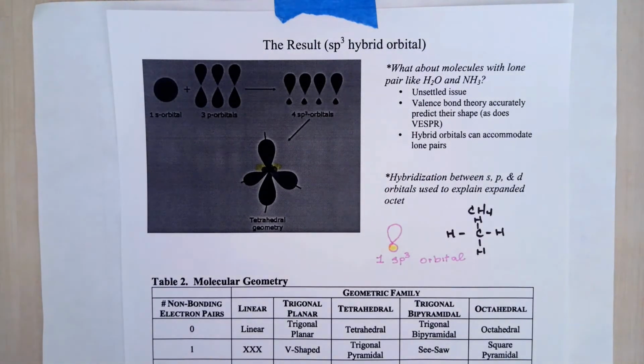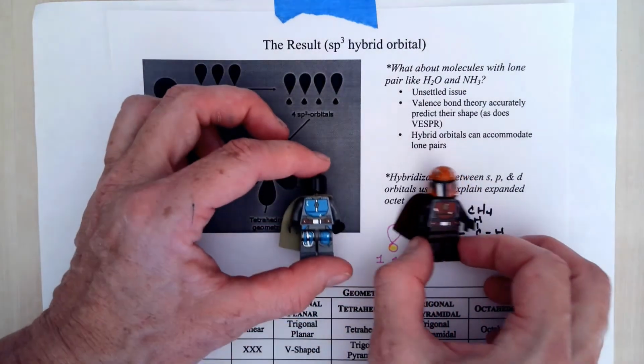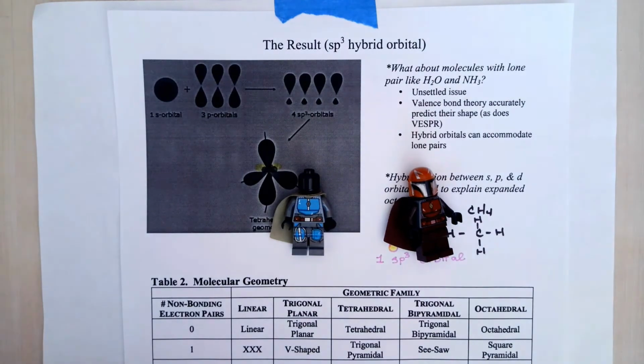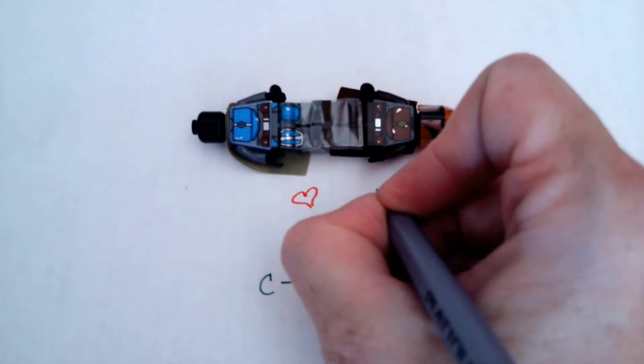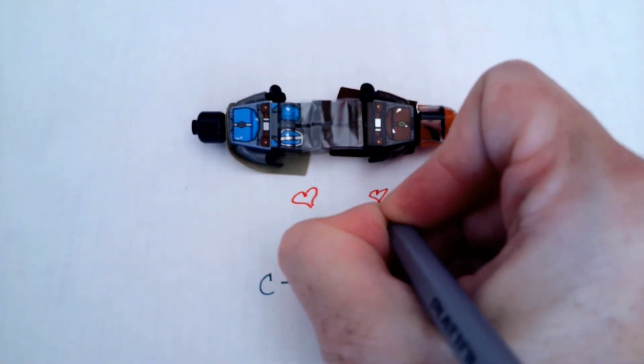What I want to discuss now is issues when valence bond theory doesn't accurately predict the shape. So in order to do that, I'm going to tell you a story about 2 Mandalorians who fall in love. This Mandalorian couple is so in love, and they're a little bit irritating about it.